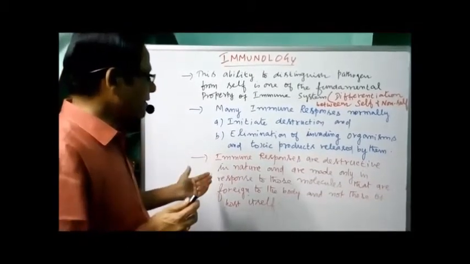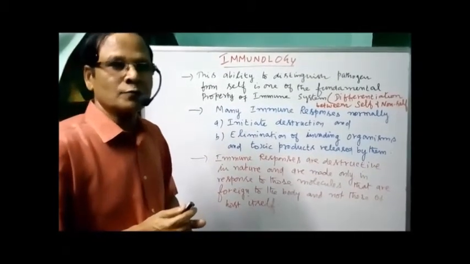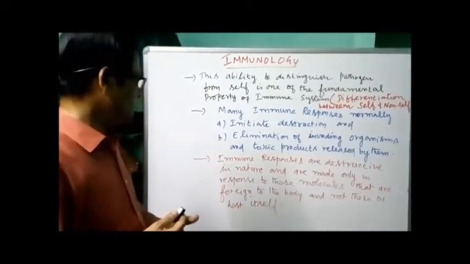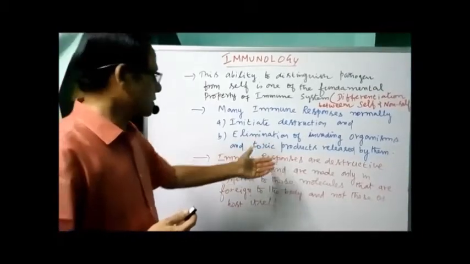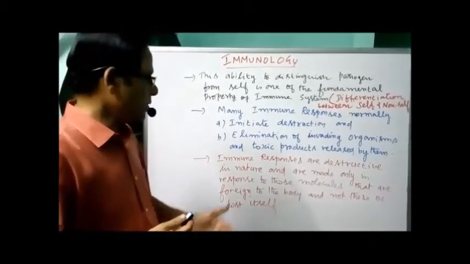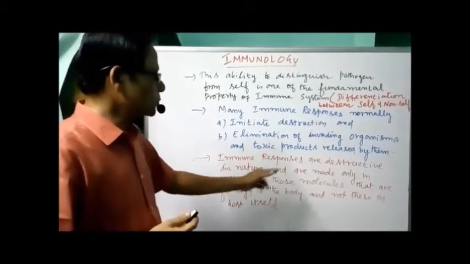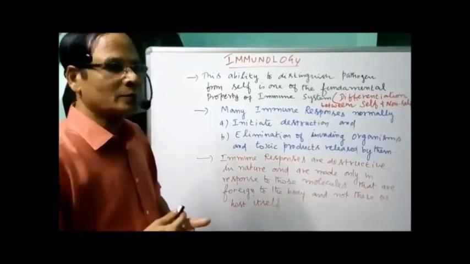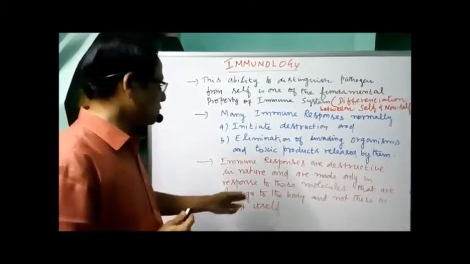So they are not acting against the self molecules, namely one's body's host cells. So that's why I mentioned here that immune responses are destructive in nature and are made only in response to those molecules that are foreign to the body, not accepted by the body, and not those of the host itself.